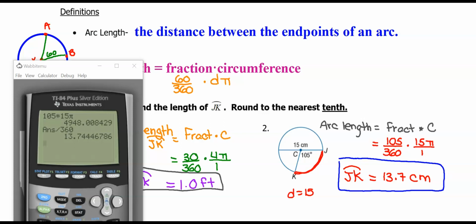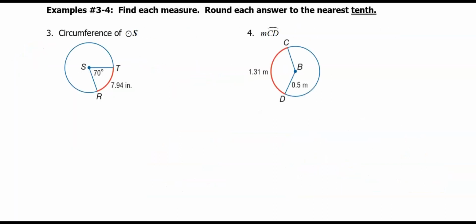All right, this time they actually gave us the arc length in red, so we're going to work a little bit backwards to find another missing piece of our formula. So always start with your formula first. Arc length equals fraction times circumference. That way I know that the arc length is 7.94.